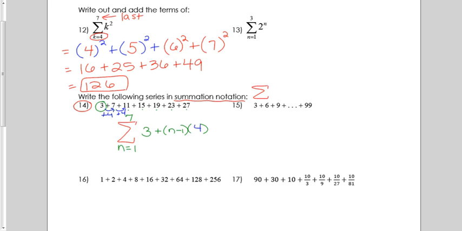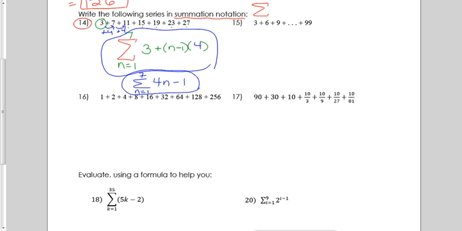So you're welcome to leave it like this. They might not write it like this if it were a multiple choice test. It may be simplified, and I could still go from 1 to 7, but if I distributed the 4 and then combined like terms, I would have 4n minus 1, and that's another version of the same notation.